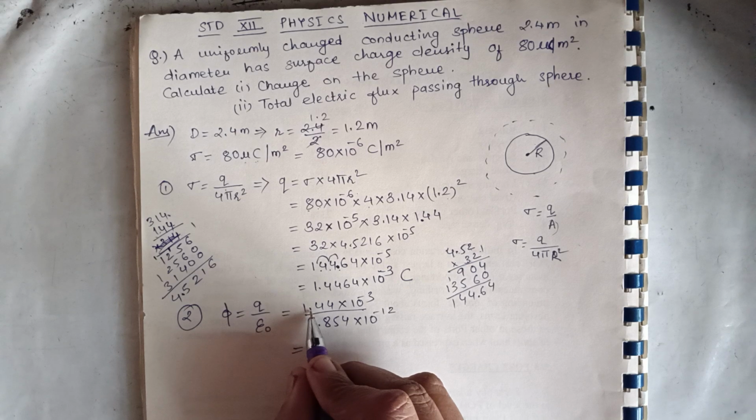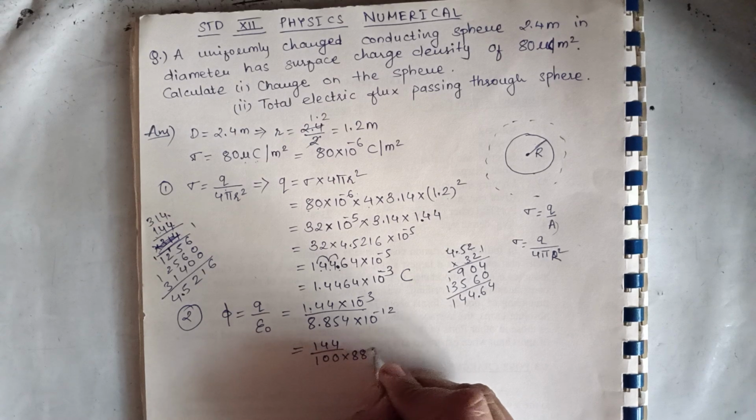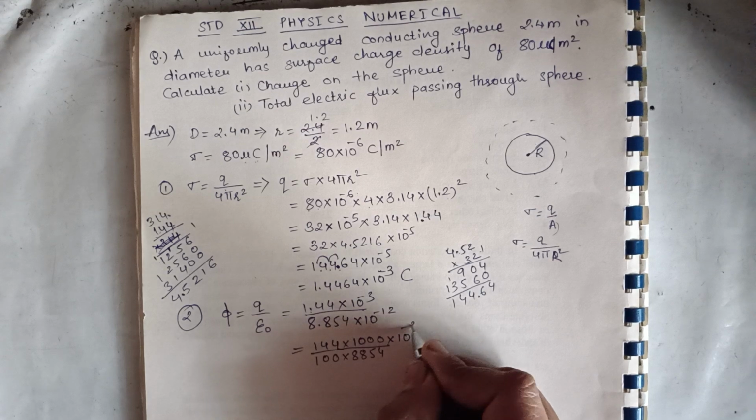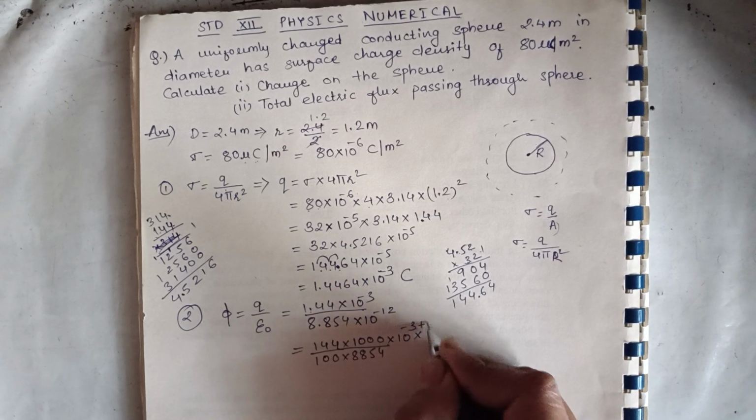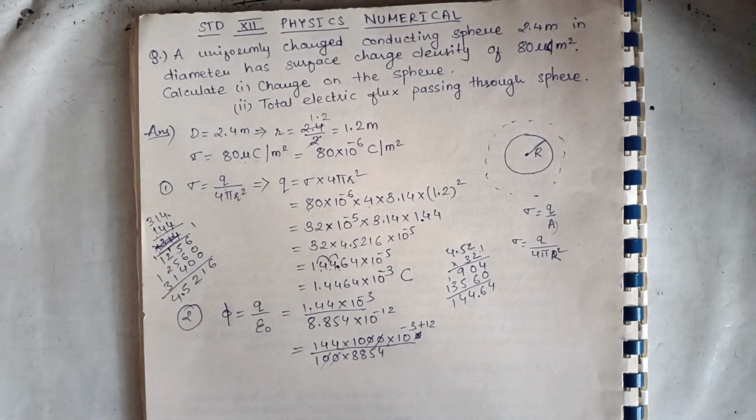So I'll remove these points. This is plus 2. This we have to divide.